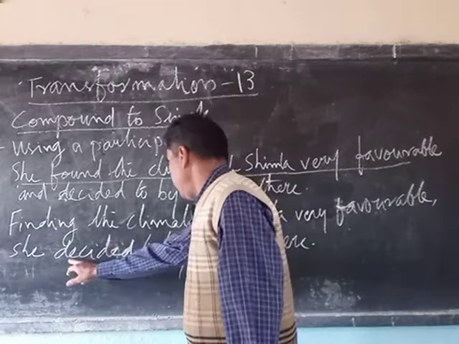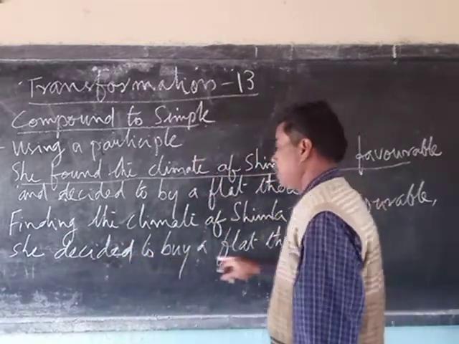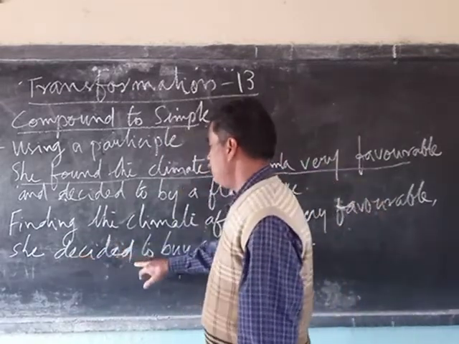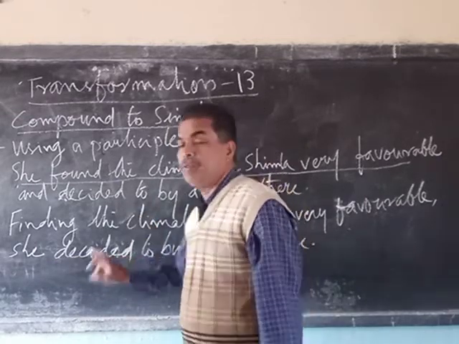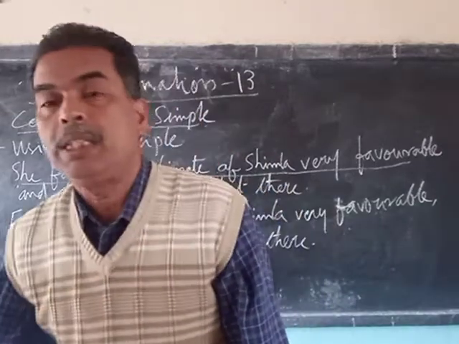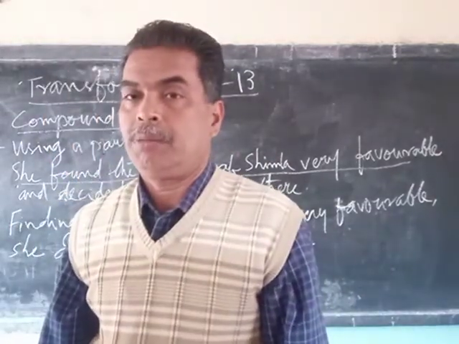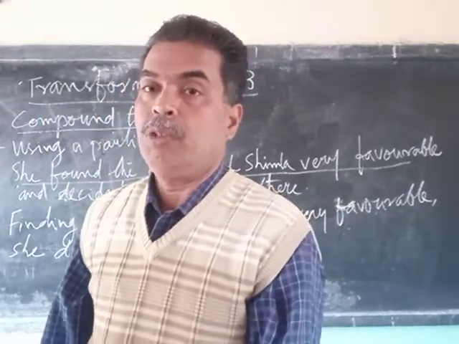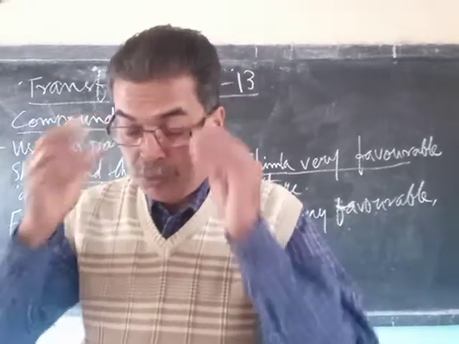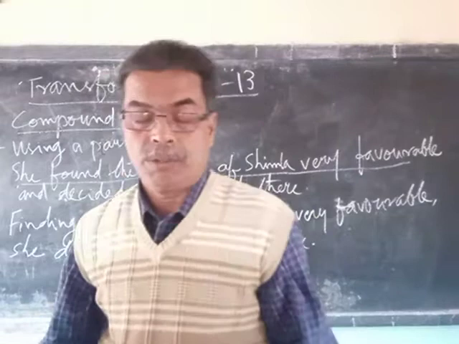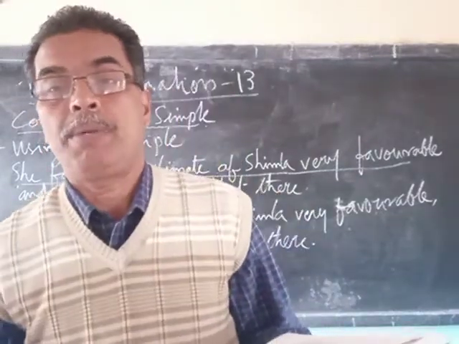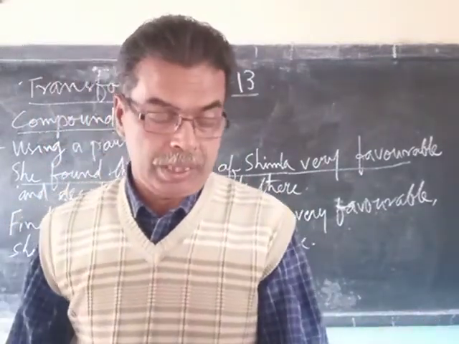"Decided" is a finite verb, and in this full sentence we have only one finite verb, so it becomes a simple sentence. Is that clear to you? So we have to make one clause into a phrase, by making a participle or a noun or whatever it is.